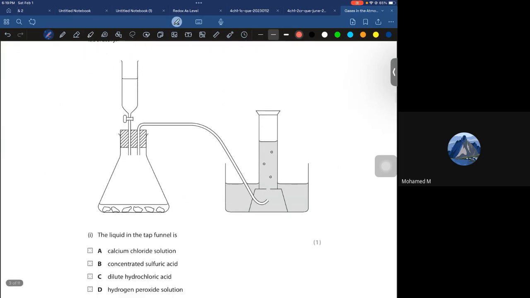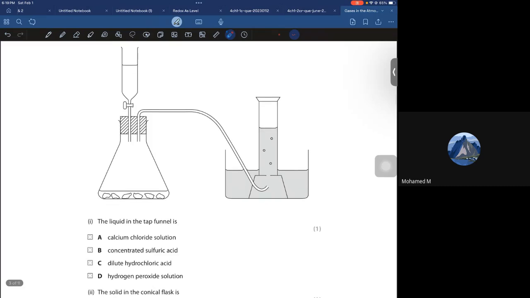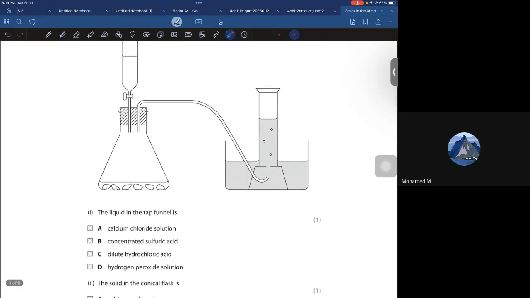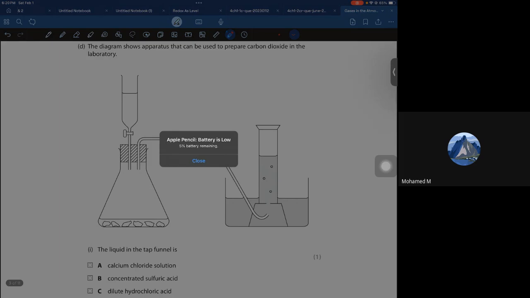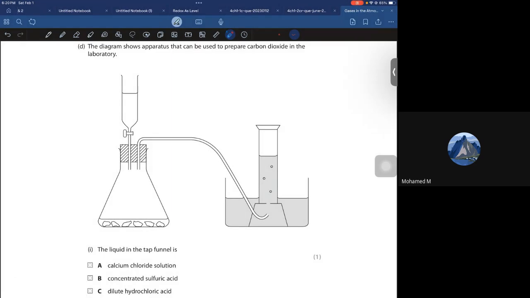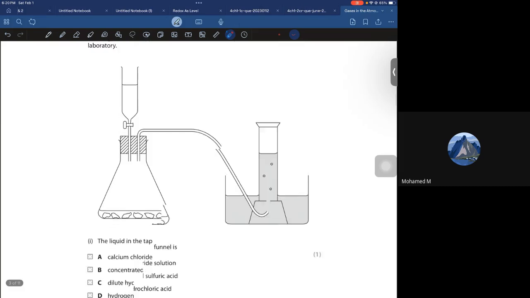The liquid in the tap funnel is: calcium chloride solution, concentrated sulfuric acid, dilute hydrochloric acid, or hydrogen peroxide solution. What do you think? I'm not really sure.